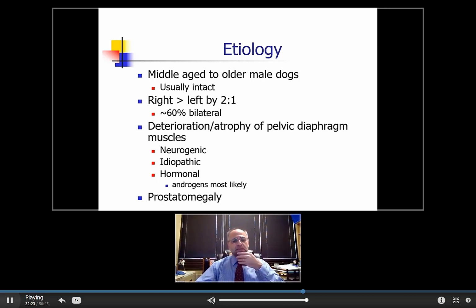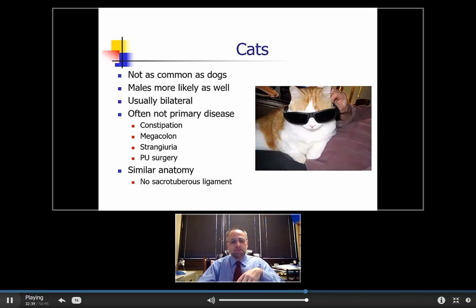Most of the time, what we're seeing is a deterioration or atrophy of the muscles. And again, it's likely due to a hormonal influence, the presence of androgens that cause the atrophy of these muscles. But as I said, it could also be due to prostatomegaly.